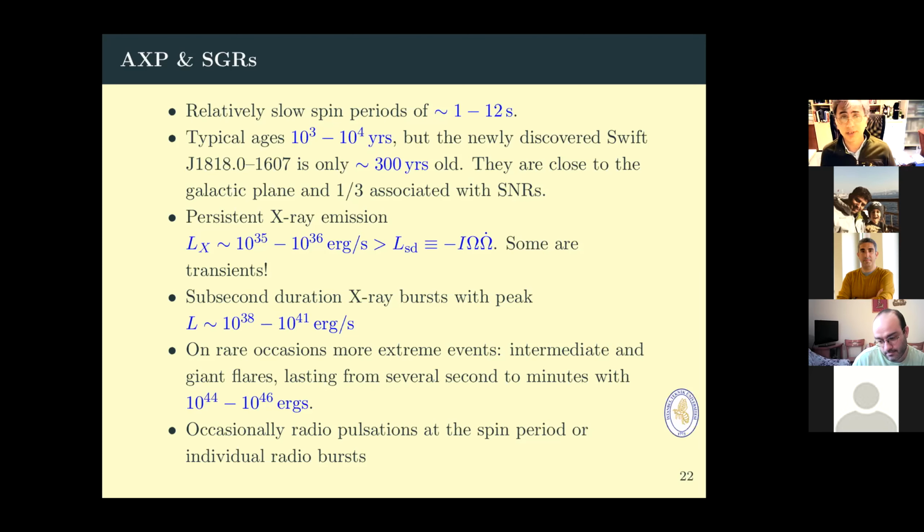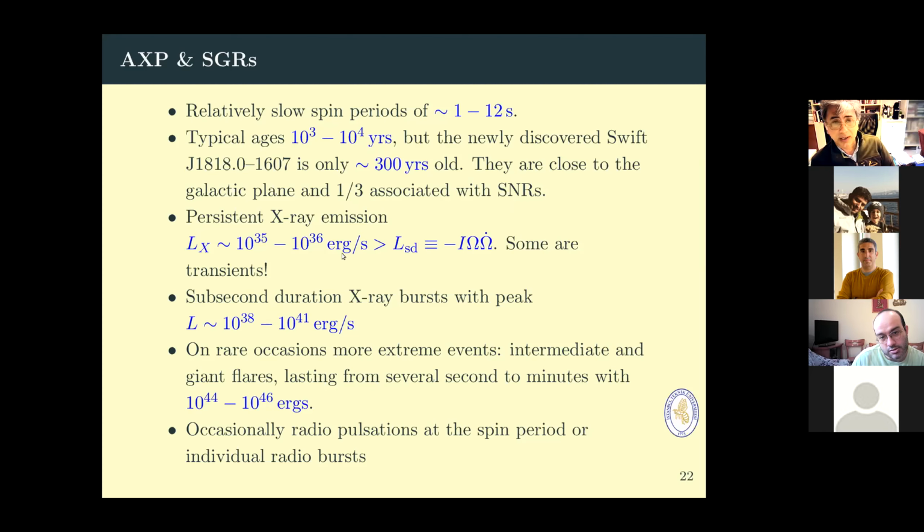But here you see 1/3 are associated with a supernova remnant, indicating that these objects are young as a group. And very recently, a 300-year-old object has been discovered. So this is a very strong indication that these are very young objects.